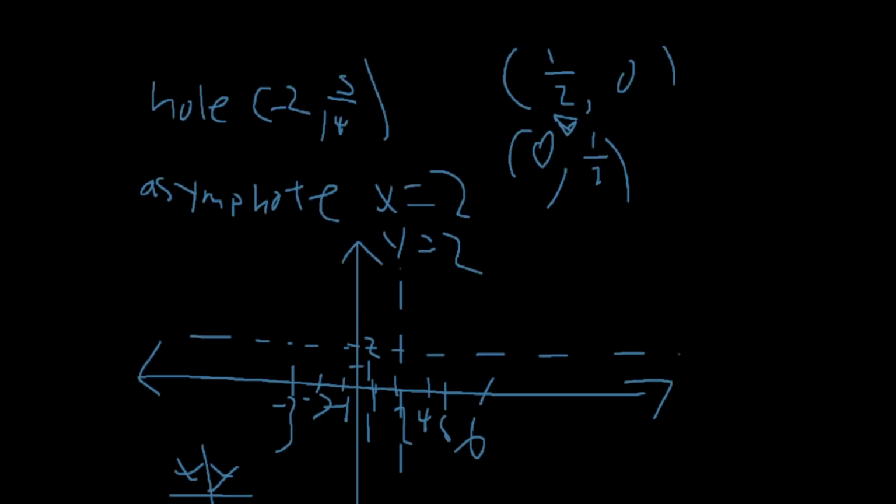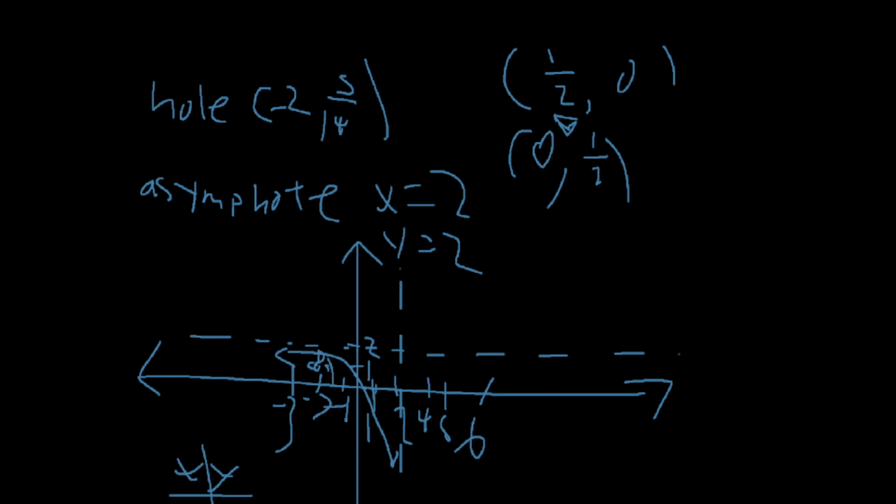So we put a 0. No, 1/2 and 1/2. So 1/2 right here. So it's going this way. Put a hole at negative 2. And then probably want to write that down here.